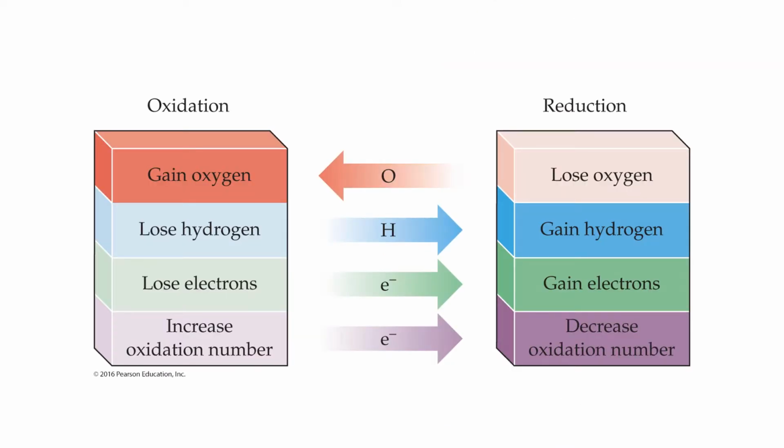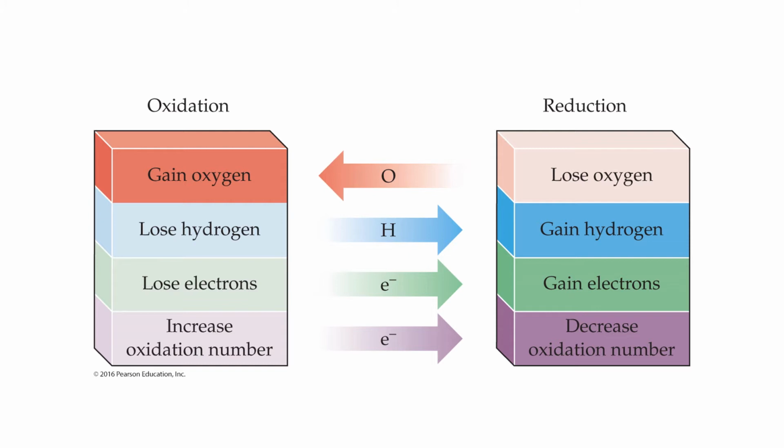I really like the graphic on this slide because it talks about 4 different ways that you can identify oxidation and reduction. Depending on the particular reaction, one or the other of these 4 ways will be easier or more obvious when you look at it. So it's nice to keep these 4 things in mind.